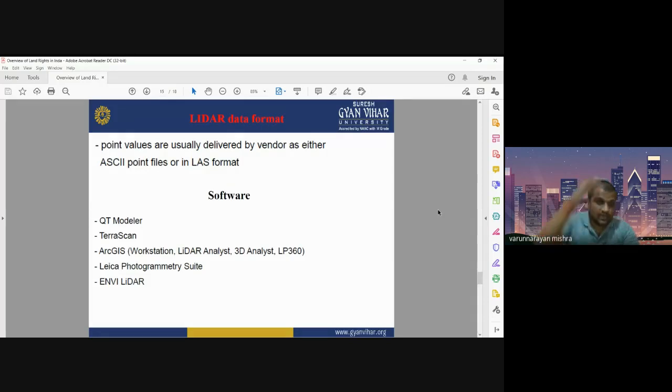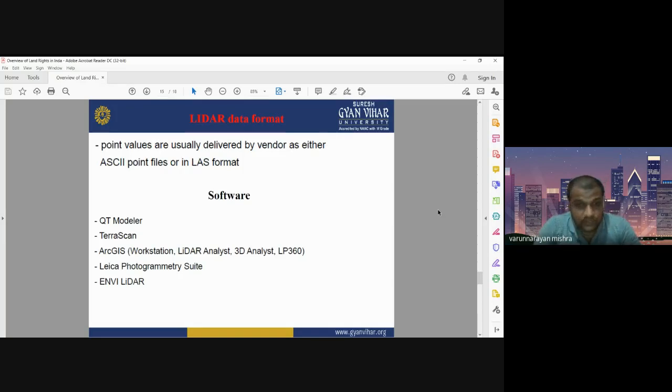So the two data formats for lidar data sets are ASCII and LAS.